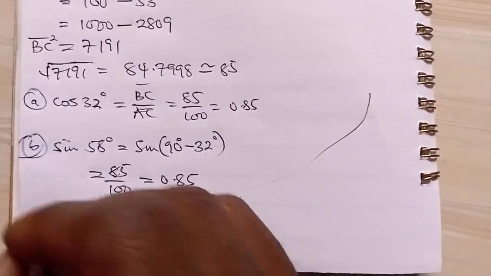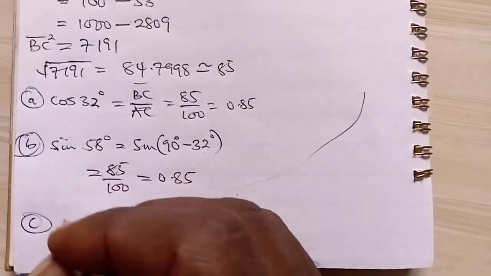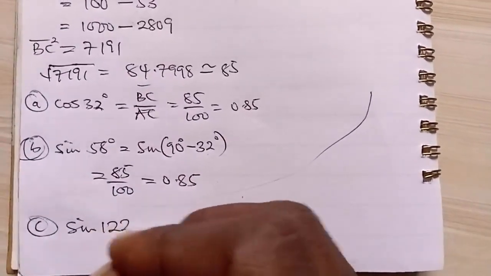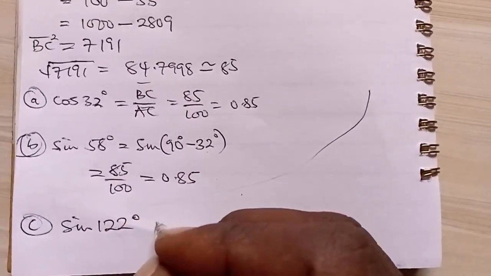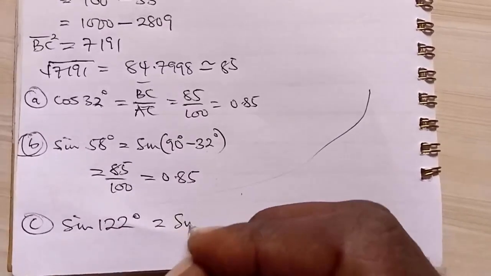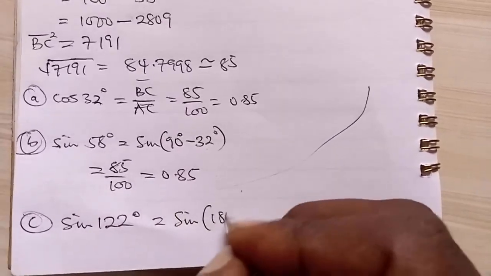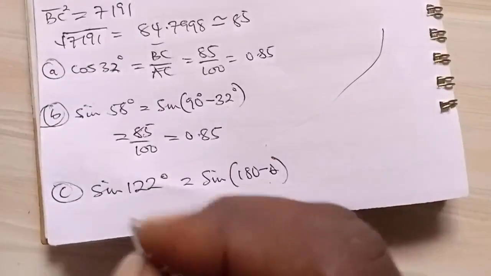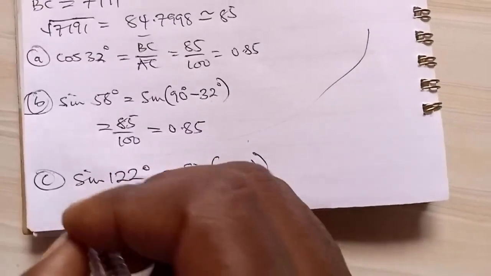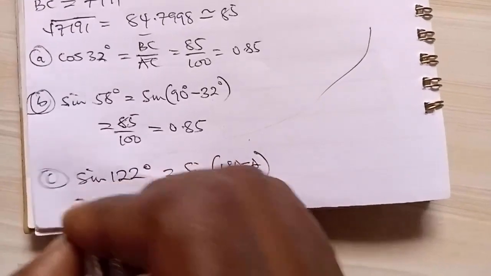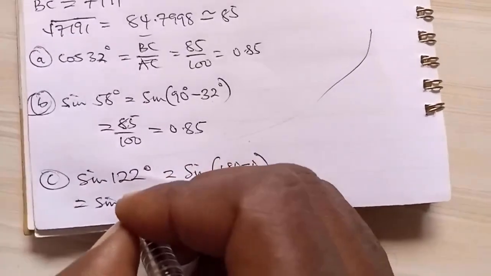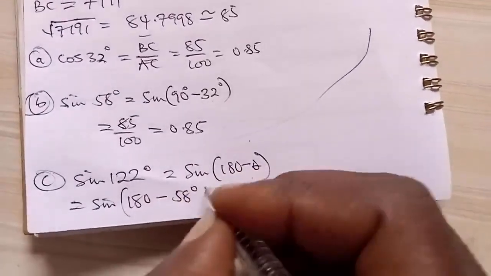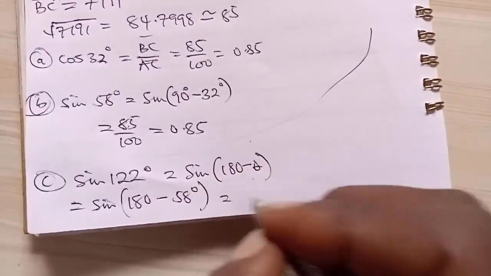So we have 85 over 100, which will give us 0.85. For C, it wants us to find sine 122. For us to obtain it, it will be sine of 180 minus theta. Since theta is 122, we can obtain this by saying sine of 180 minus 58 degrees, so that we can get sine 58.